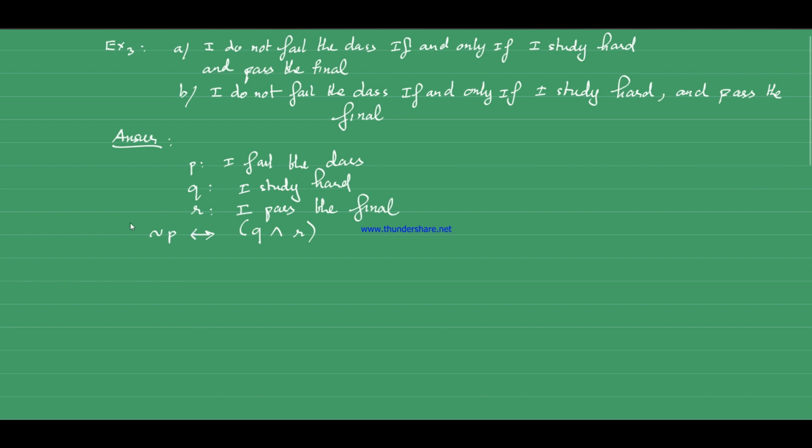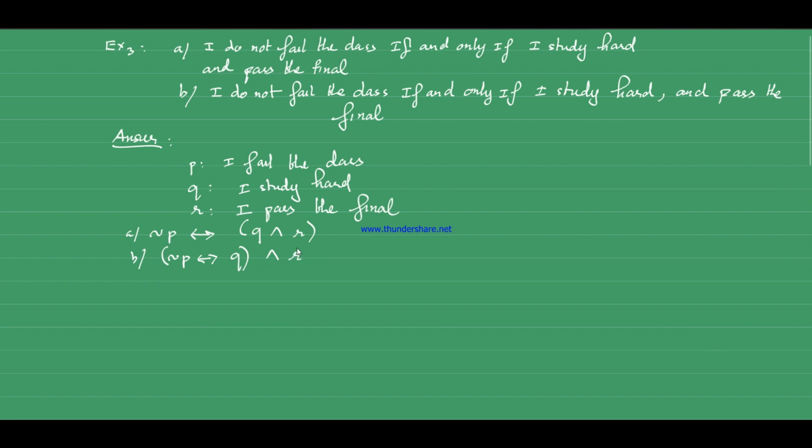And for part B, if I do not fail the course, that is the negation of P, if and only if I study hard, Q, and pass the final exam.